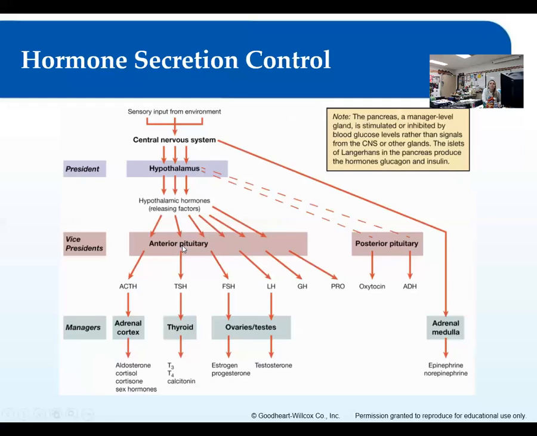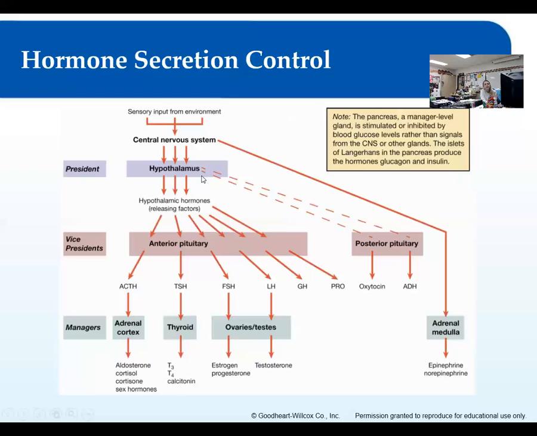Another example is thyroid stimulating hormone. It stimulates the thyroid to release its hormones: T3, T4, calcitonin. Same thing with follicular stimulating hormone and luteinizing hormone. These both go to the ovaries and testes, and so forth.